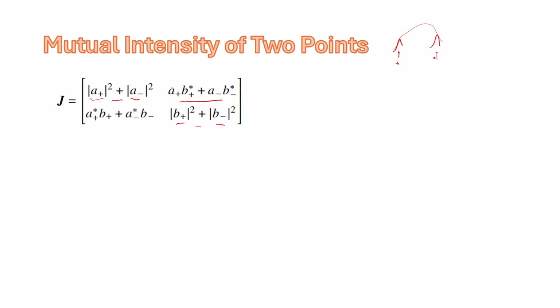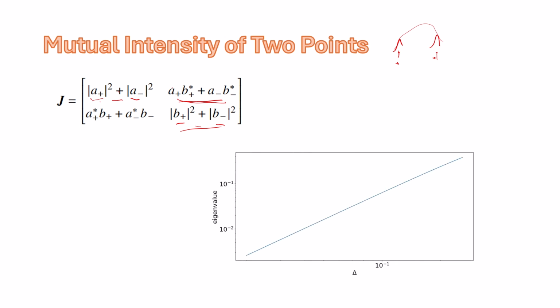But because there are 2 point sources, the sum of these 2 products is linearly independent, or it cannot be predicted from knowing just the irradiances, and so we get extra information by trying to find those off-diagonal terms. Now, if we imagine that the 2 point sources are Gaussian modes, or basically any other kind of mode, as we saw back in chapter 7, the eigenvalue of the J matrix will go like delta squared.